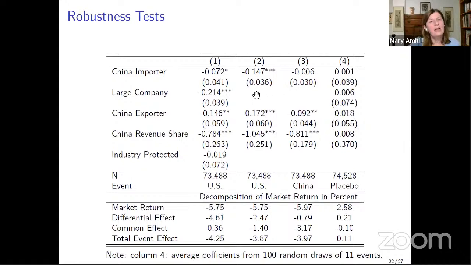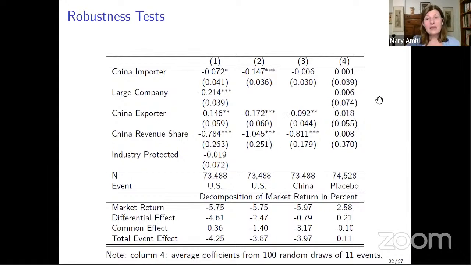Once we drop the large company dummy, the China importer coefficient gets a lot bigger and more significant, more than doubling in size. This one might be picking up a little bit as well, it gets a little bigger. But mostly you see this big effect.